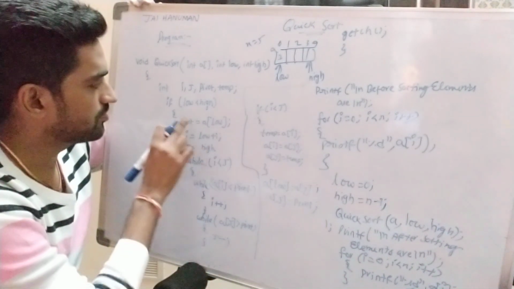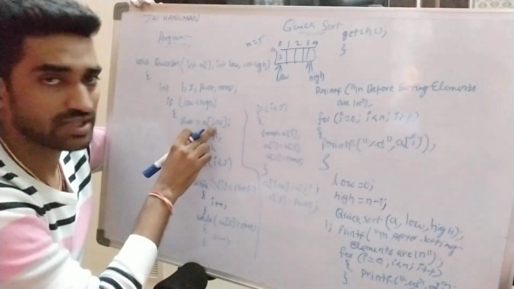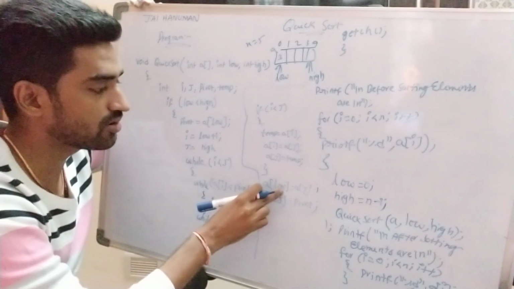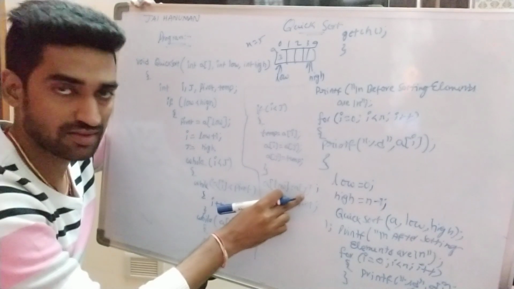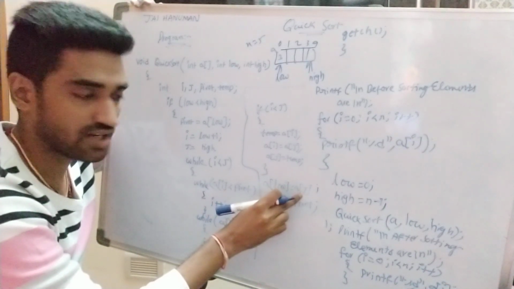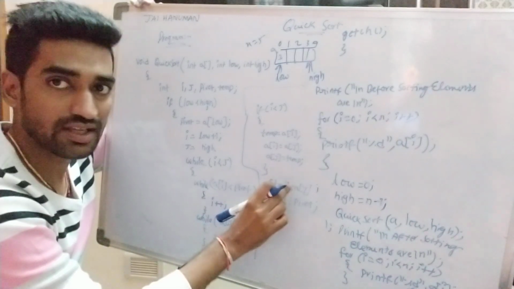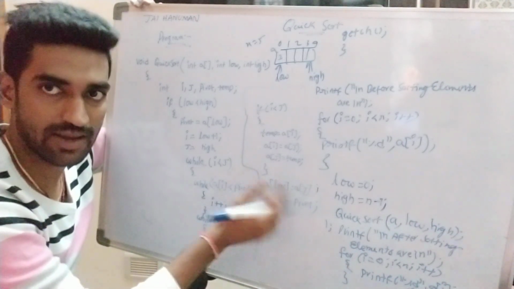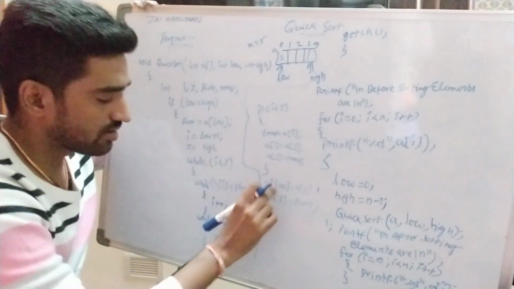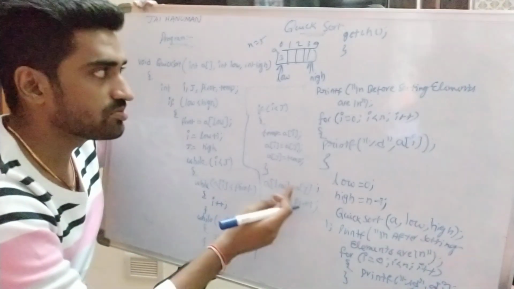Here the pivot position is low, so a of low becomes a of j. The pivot value is copied to a of j, so a of j value becomes pivot. So a of j and pivot positions are swapped, and then j position is the pivot position.